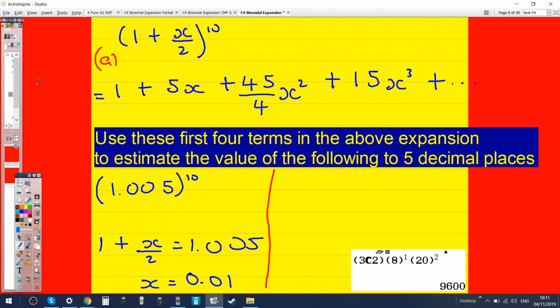You find the common multiplying factor? Nope. x is 0.01. So you put it into the original equation? Which one? 1 plus x over 2 to the power of 10. You would get 1.005 to the 10. So then you just expand that bracket. I did that.